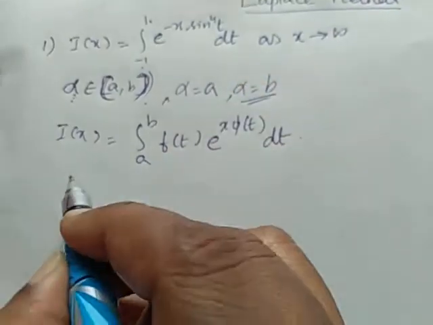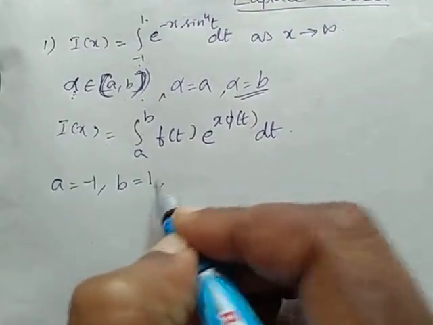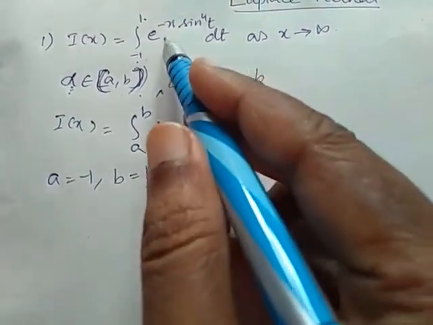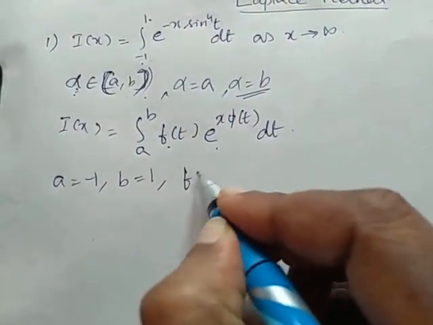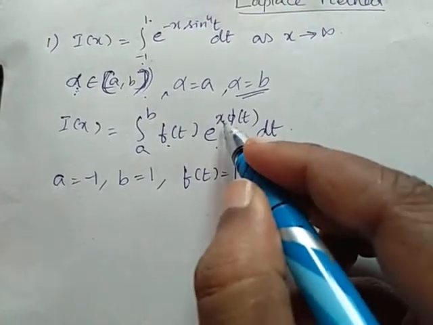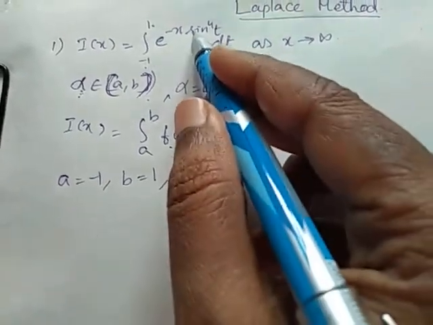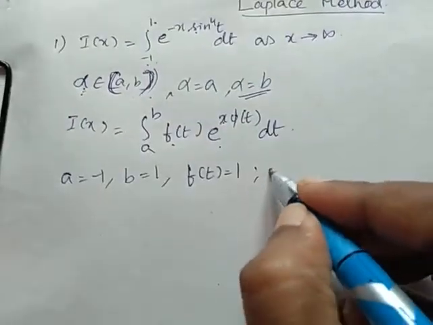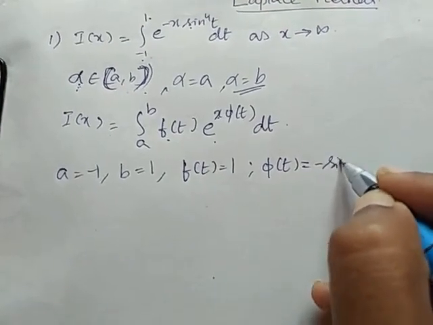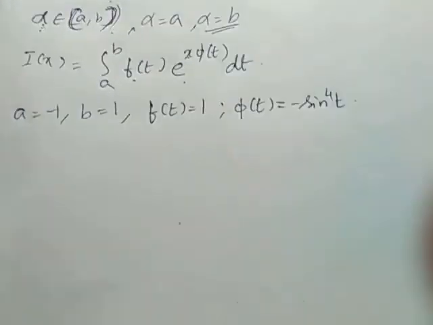Here we have a as -1, b as 1, the coefficient of the exponential is f of t, and here the coefficient is 1 itself, and the coefficient of x is phi of t. So phi of t is minus sin power 4t.